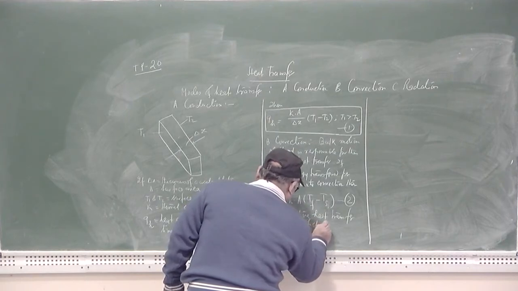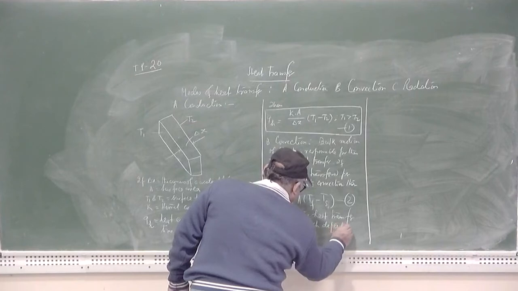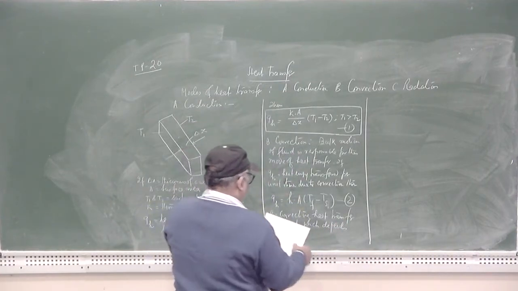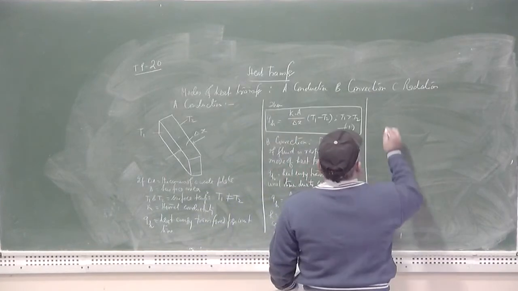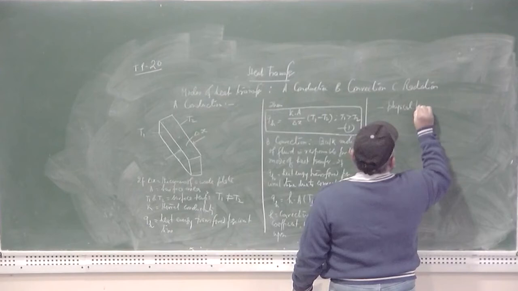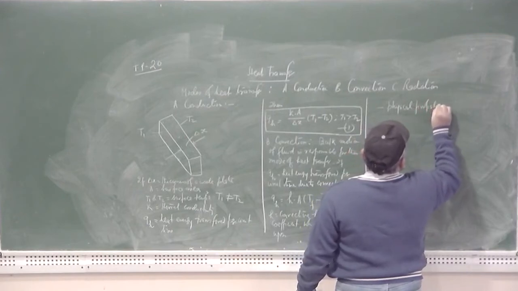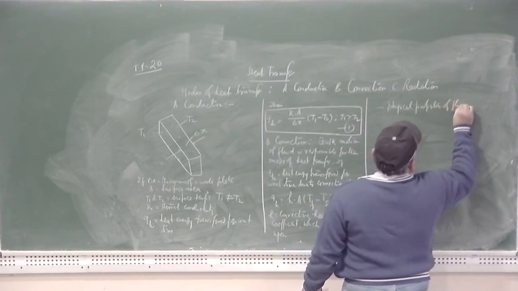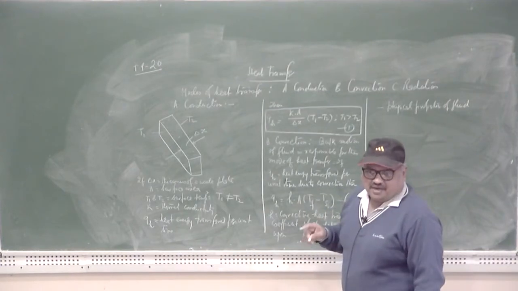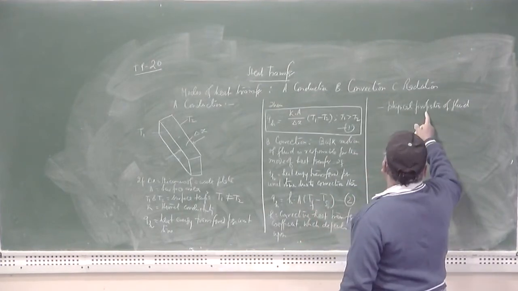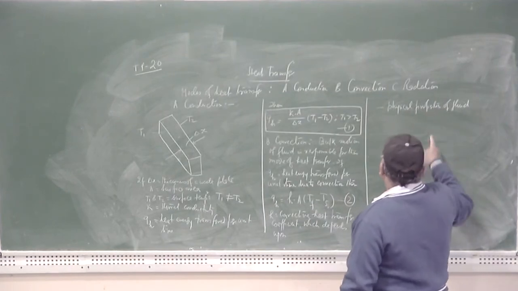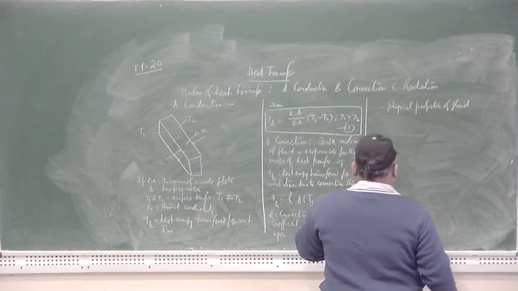which depends upon the factors. The value of this convective heat transfer coefficient depends upon the physical properties of fluid, such as the specific heat capacity, the enthalpy, the density, the kinematic viscosity, all those things that come under the physical properties of fluid.